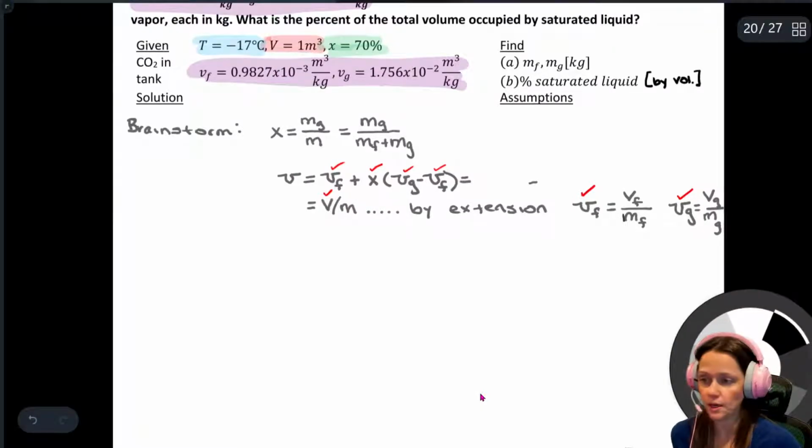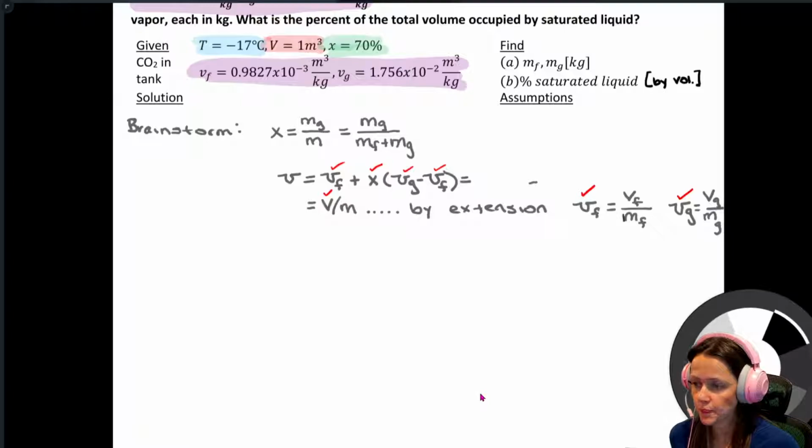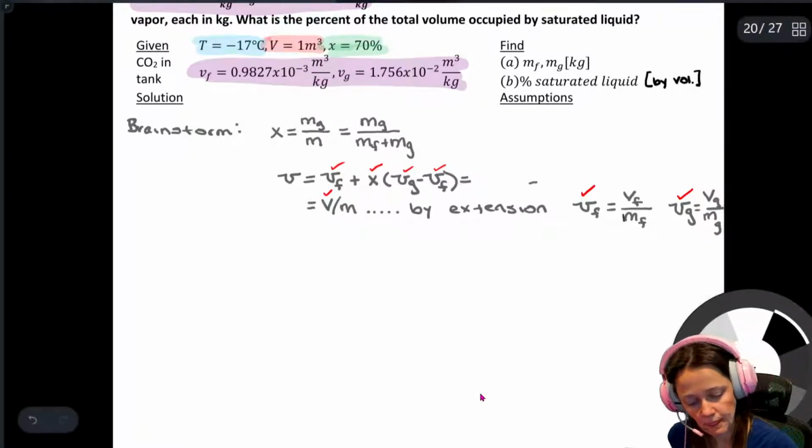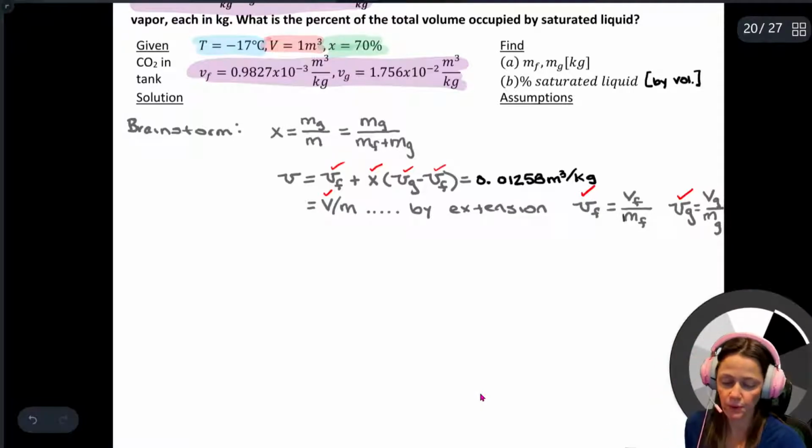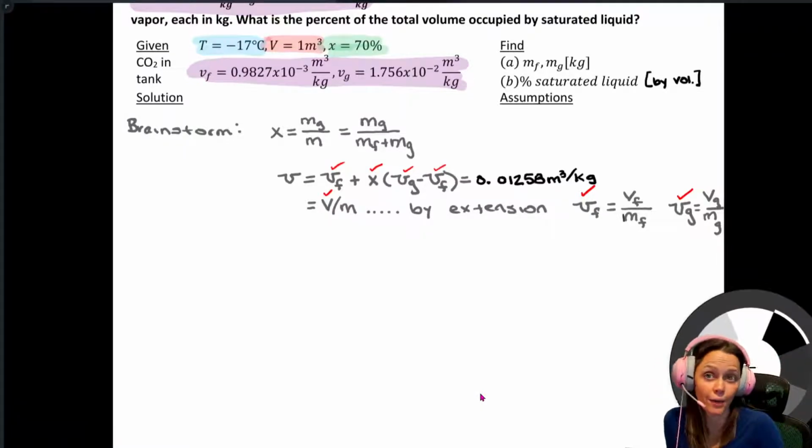So let's see what that would be. This ends up being 0.01258 meters cubed per kilogram. Okay, perfect. I might need that. We'll see.